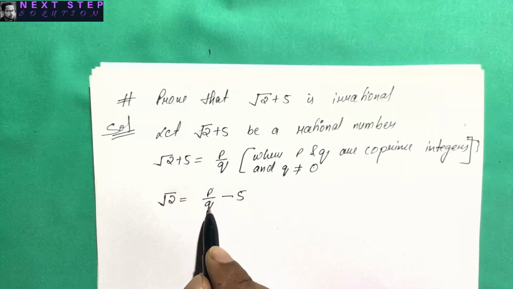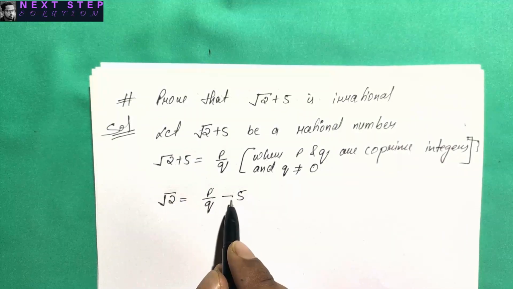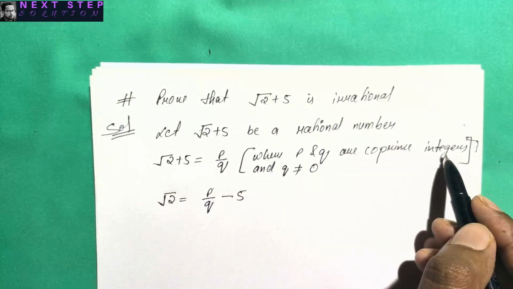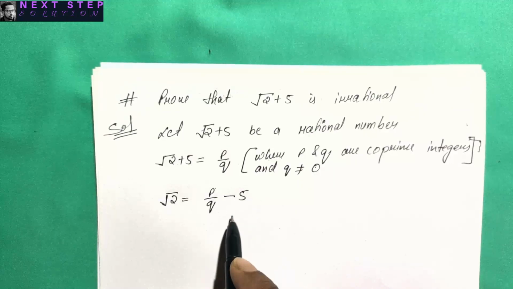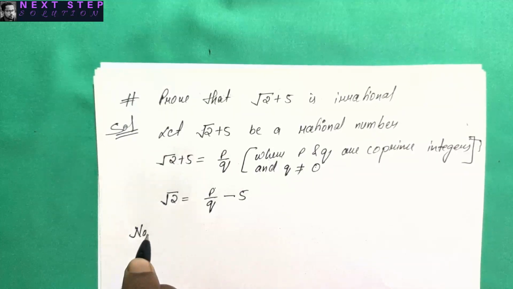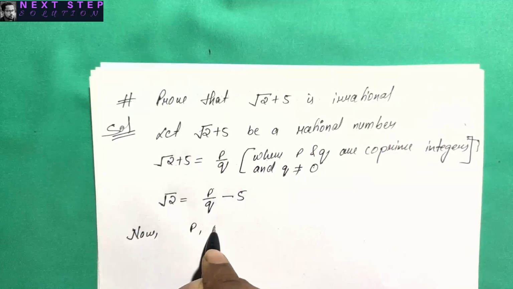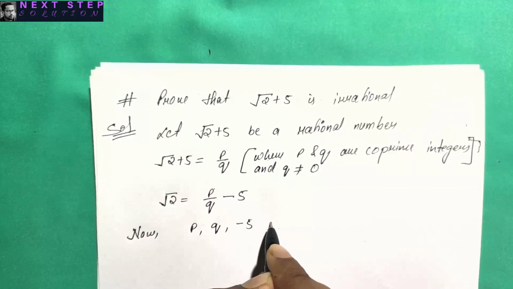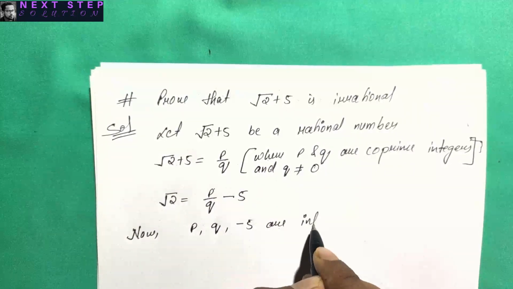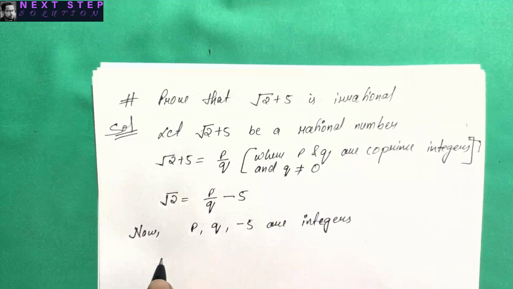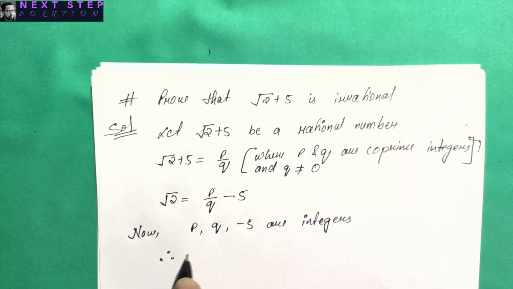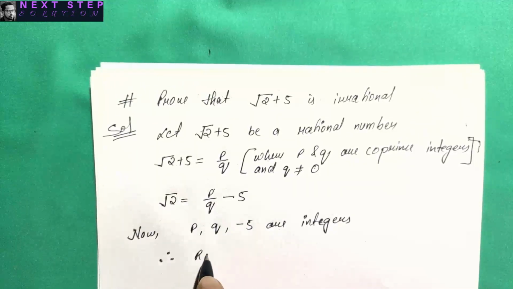Now P, Q and minus 5 all are integers. P and Q are integers, which we have said here, and minus 5 is an integer. We know all the positive numbers and all the negative numbers are integers. Everything is integer here. So now P, Q, minus 5 are integers. Therefore this is your RHS.